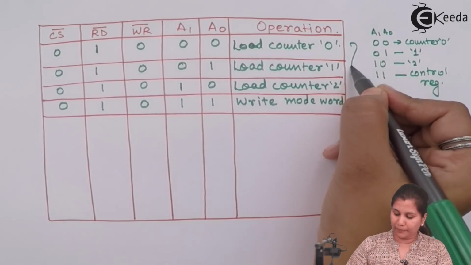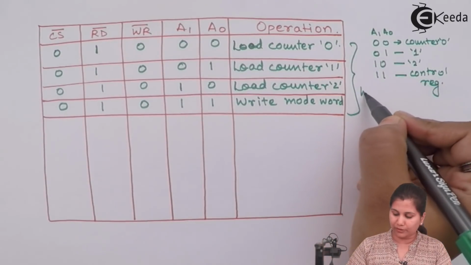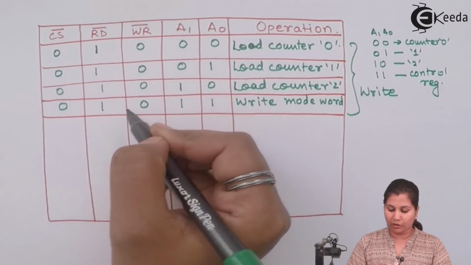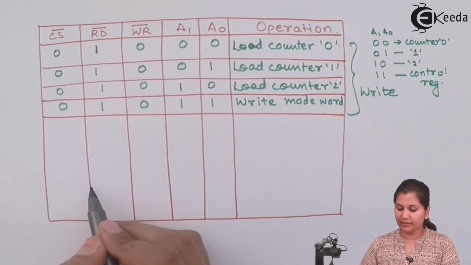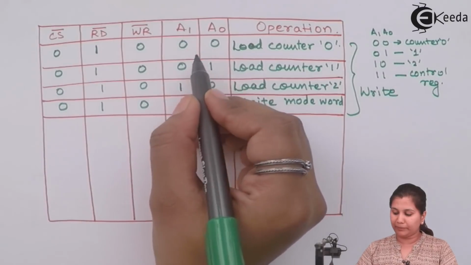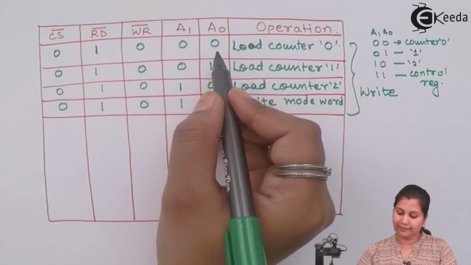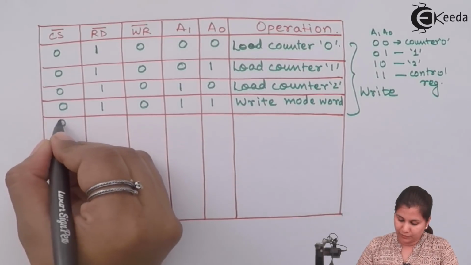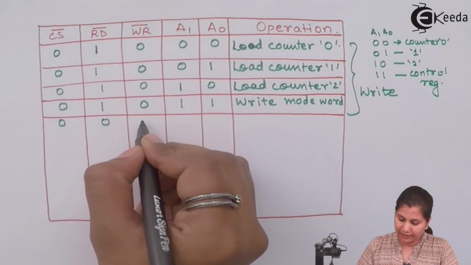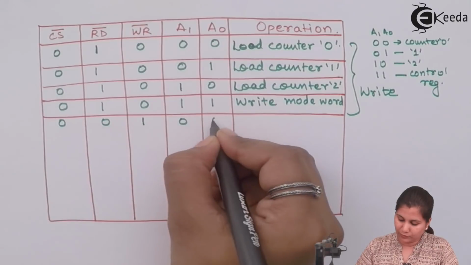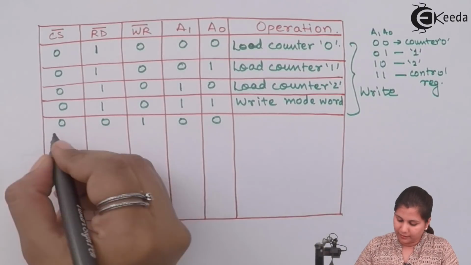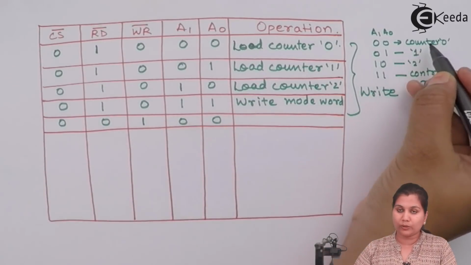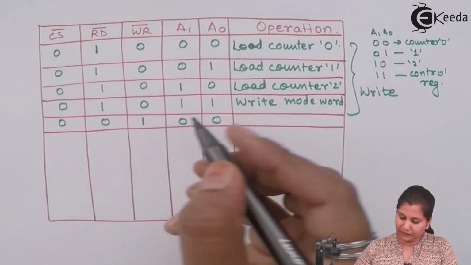Now these four operations are the write operations, because the write signal is activated here. Now if the read signal is activated, then the selection will be based on A1 and A0, and then a read operation will be performed. So here read will be activated, write will be 1, then 0 0. So counter 0 is selected, so counter 0 will be read.